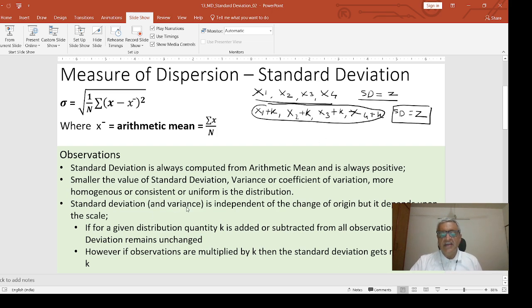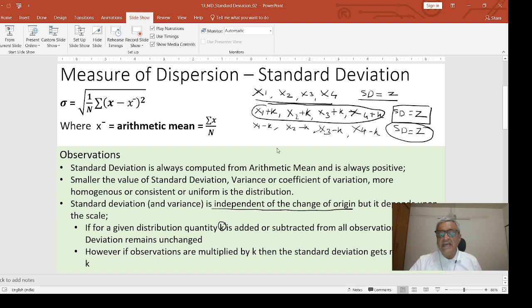That is what it means. When we say that it is independent of the change of origin, it means if I add k, or subtract k, x1 minus k, x2 minus k, x3 minus k, or x4 minus k, then my standard deviation is not going to change.